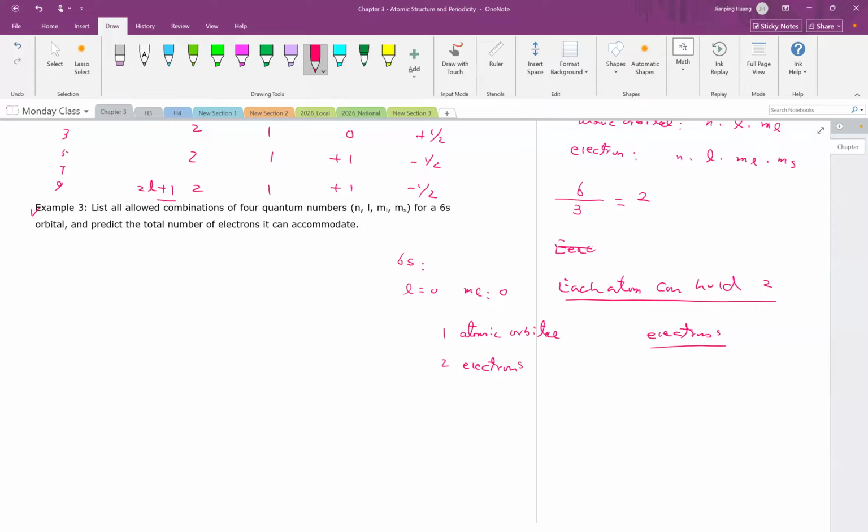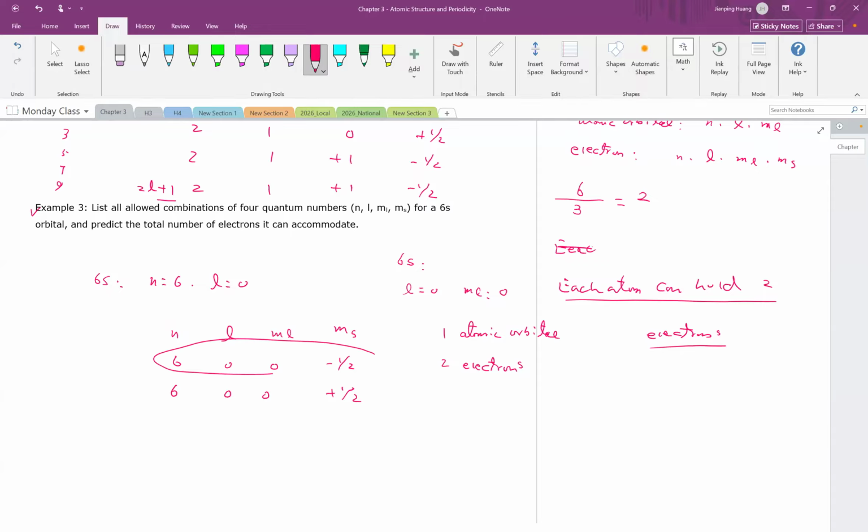Now let's do that. 6s, n equals 6, l equals 0. N, L, ML, MS. 6, 0, 0, minus 1/2. 6, 0, 0, plus 1/2.